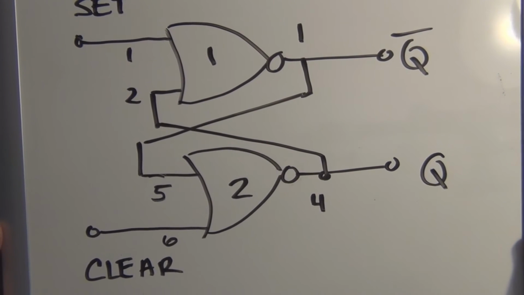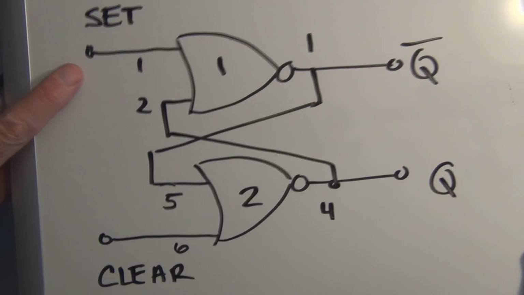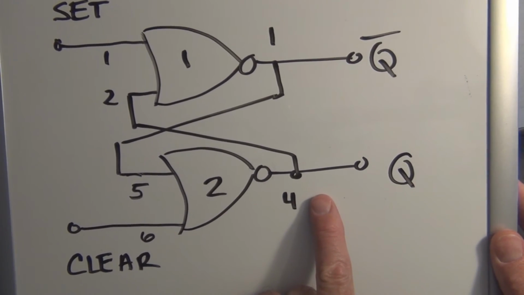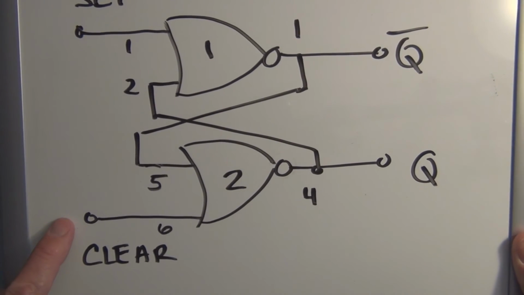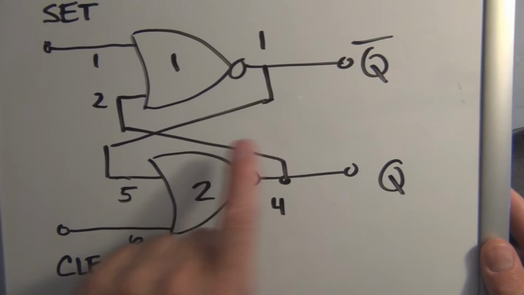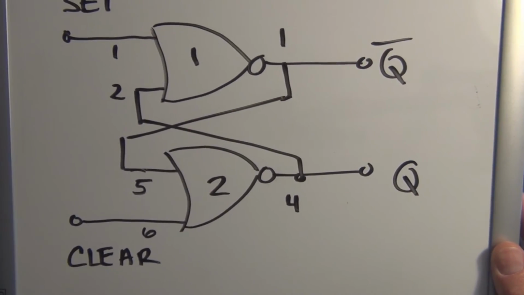So here's the basic circuit with the pins connected. Pin 1 is the set. Pin 2 goes to pin 4 on the second NOR. Pin 6 is the clear, and then pin 5 feeds back to pin 1 on the first NOR, which is an output.